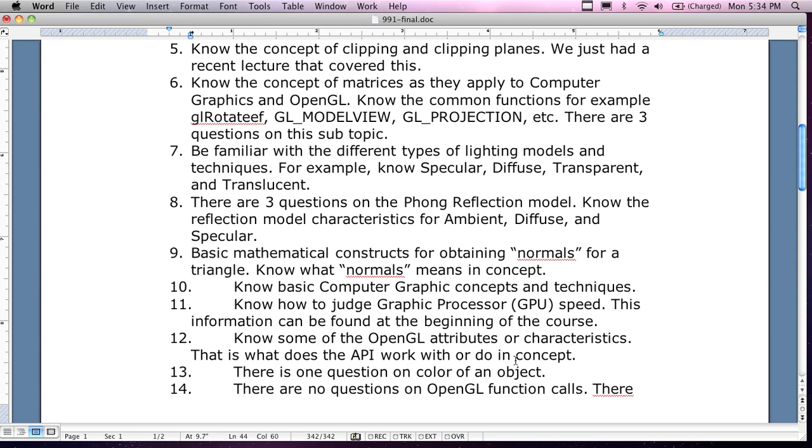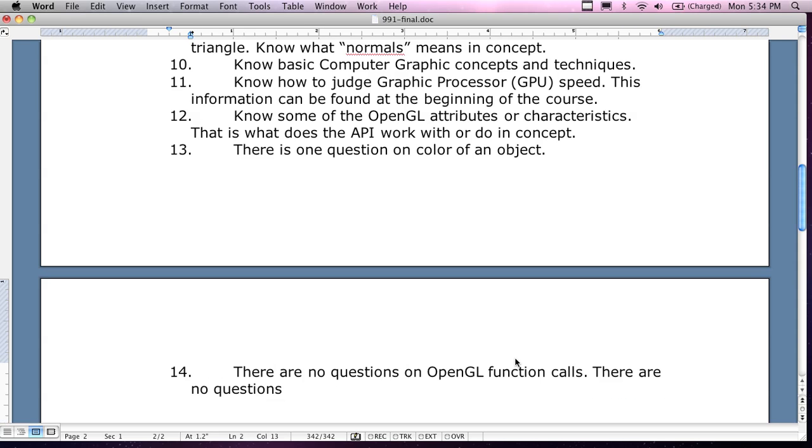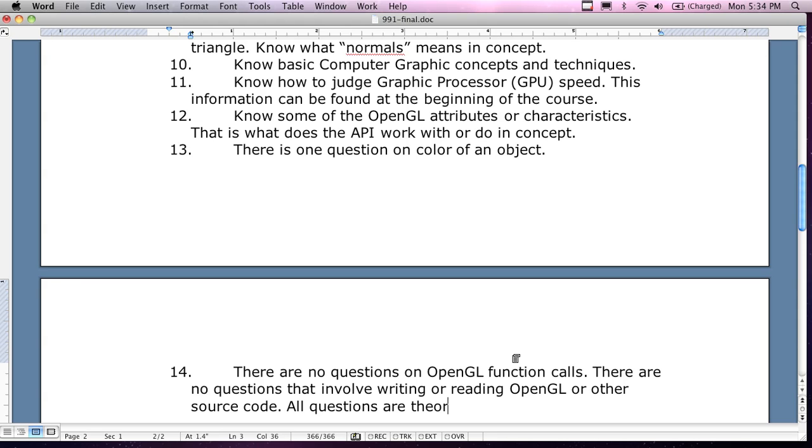There are no questions that involve writing or reading OpenGL source code, OpenGL or other source code. All the questions are concept-based, all theory. All questions are theory-based, not implementation, like in the assignments. So.